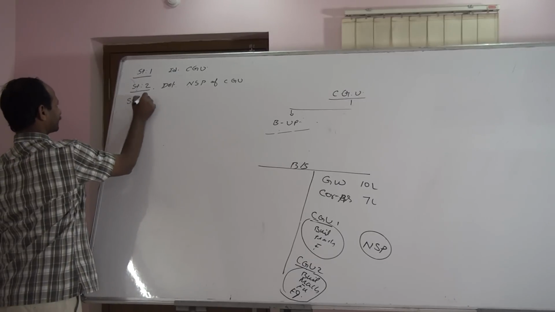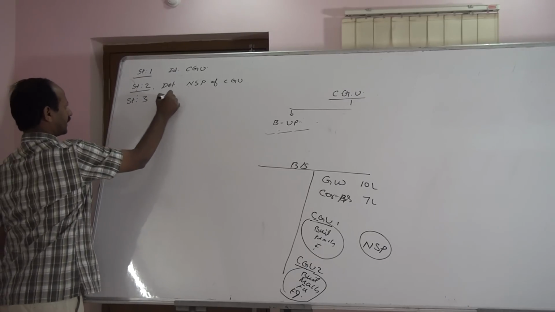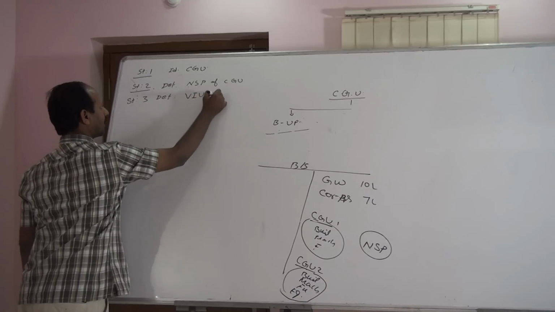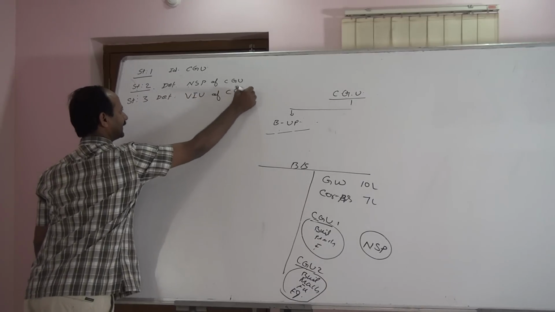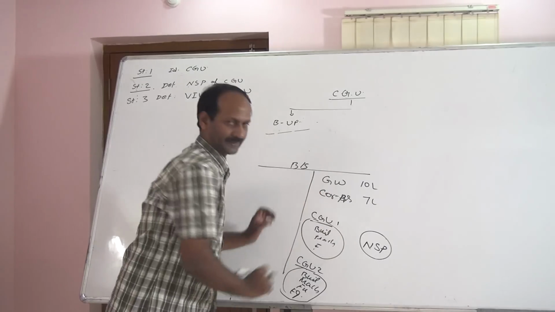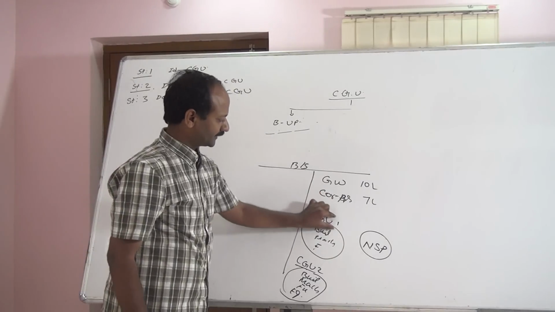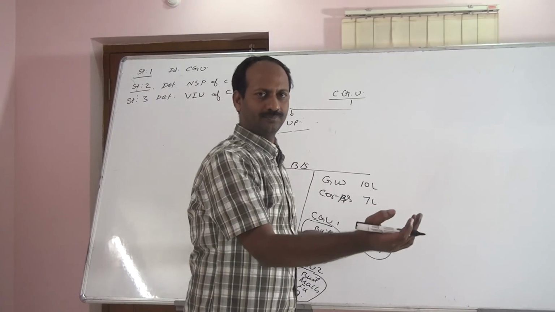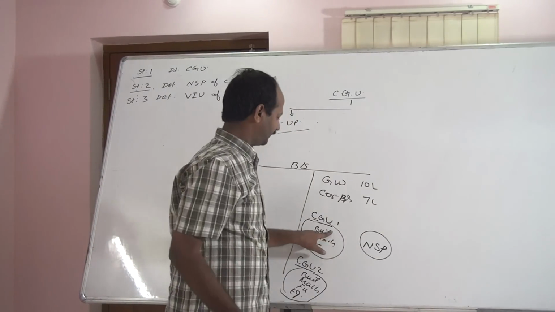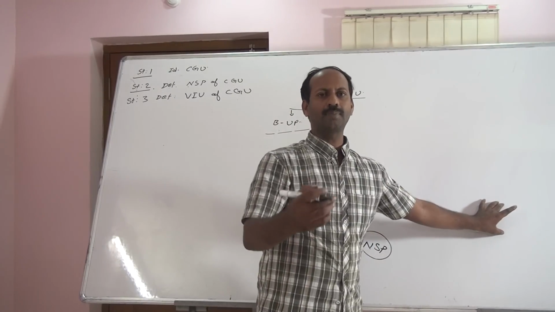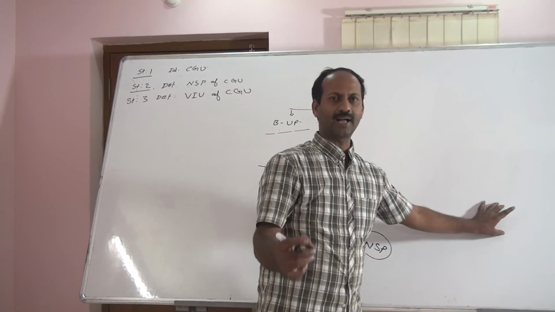Step 3, determination of value in use of this CGU. By using this group of assets, meaning CGU1, how much net cash flow will be generated over its useful life shall be converted into present value.